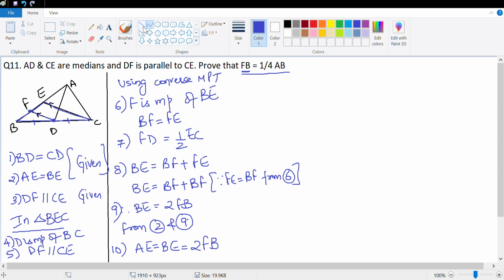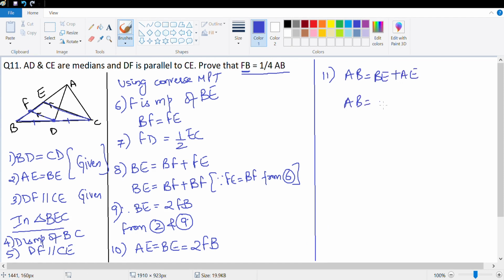Now I know AB is equal to BE plus AE, which means AB is equal to, instead of BE, I write 2FB, and instead of AE, I write 2FB from number 10.